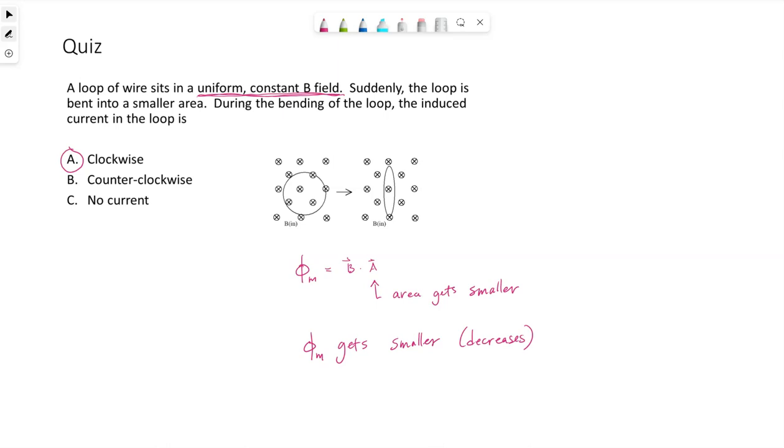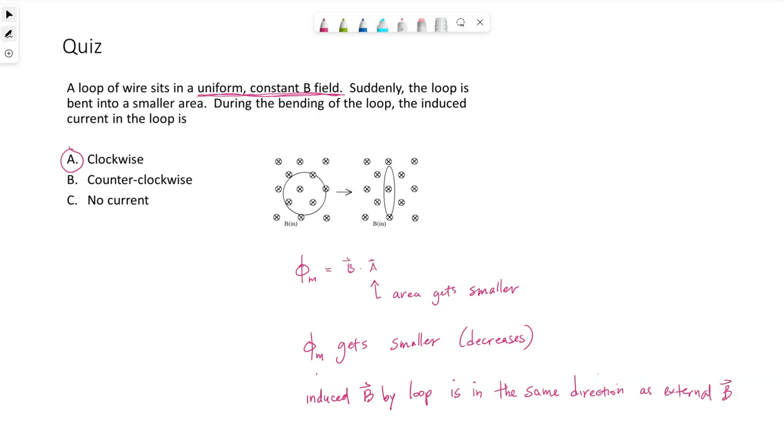When the flux decreases, the induced magnetic field by the loop is in the same direction as the external magnetic field.